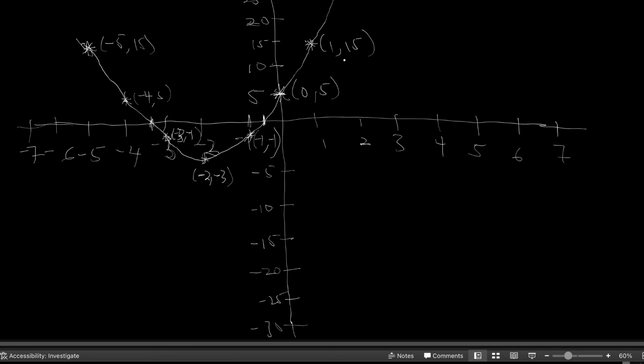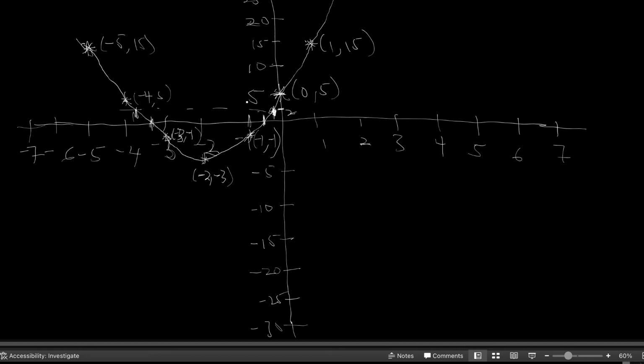So when y is equal to 2, we can trace this. So it cuts the curve here and here. So here should be between 0 and negative 1.